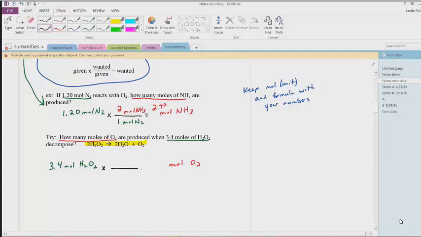So what mole ratio do we need? We need moles of H2O2 on the bottom and moles of O2 on the top. We get those numbers from the coefficients from the balanced equation, and so we get 1.7.